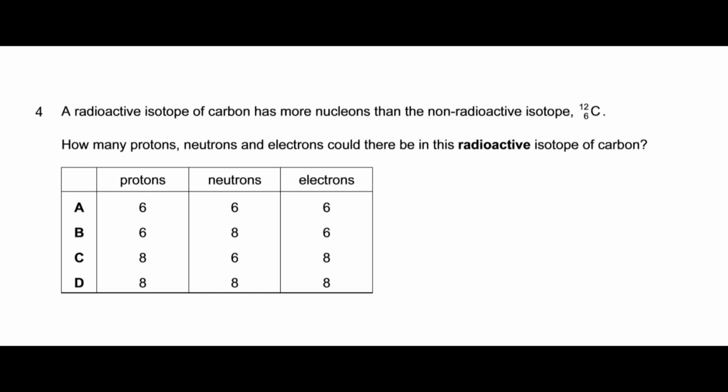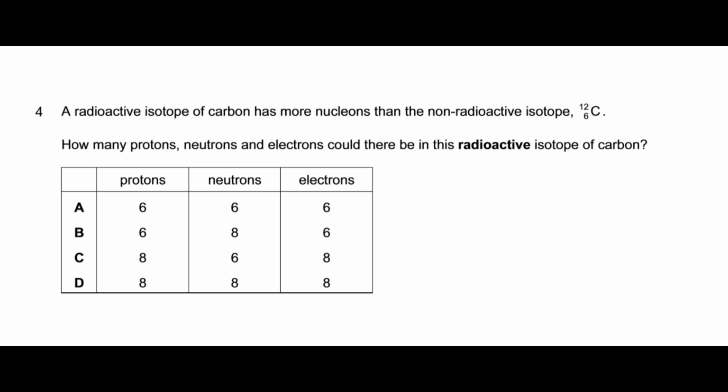Isotopes have the same proton number but different nucleon number, so they have different neutron numbers. So carbon-12 means we have to look for another isotope of carbon. It should be carbon-13 or carbon-14. That means the proton number should be 6, and the neutron number can be 7 or 8.